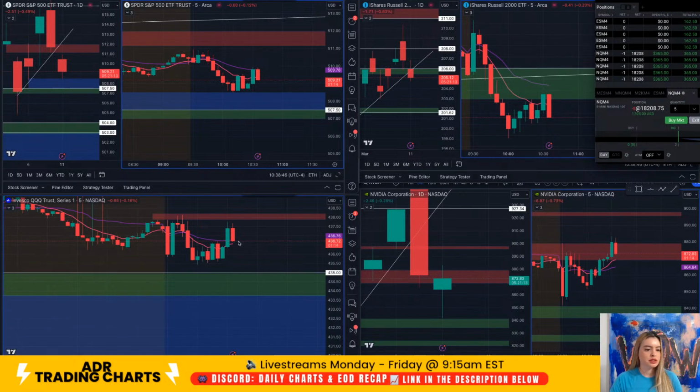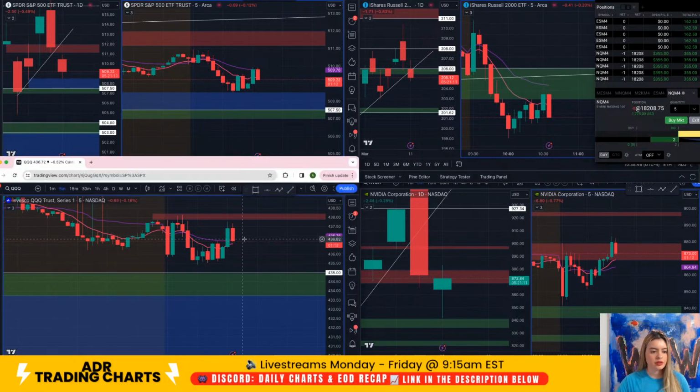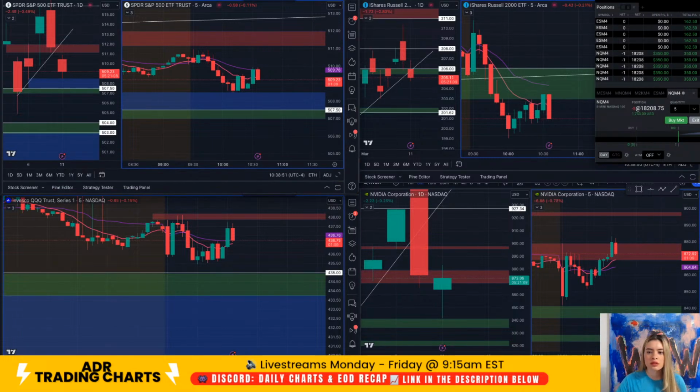I want to see it losing the VWAP here, the Q. I want to see Apple also losing 173.